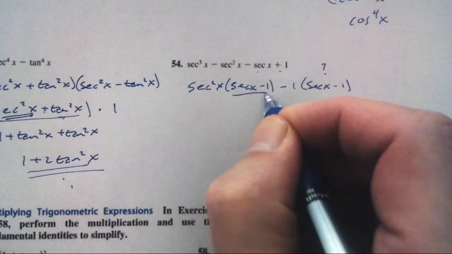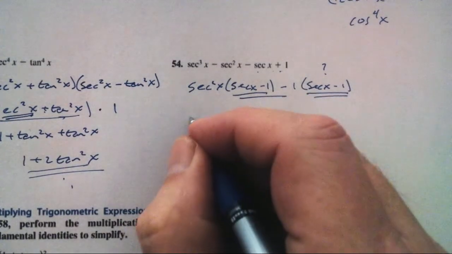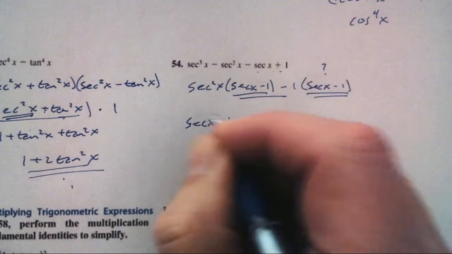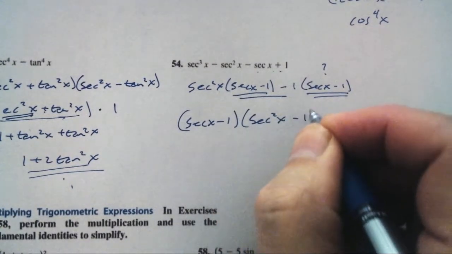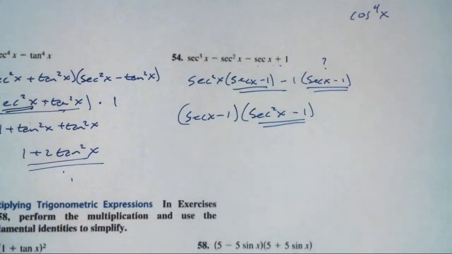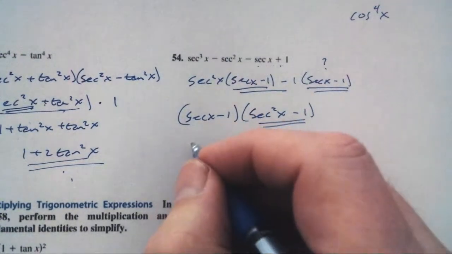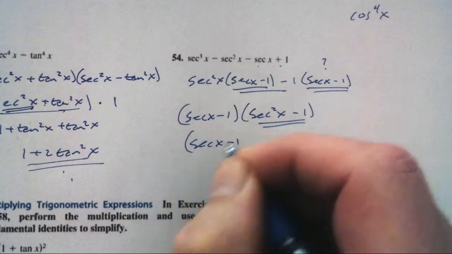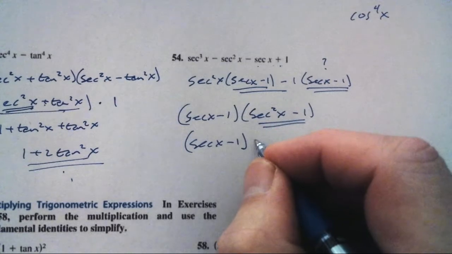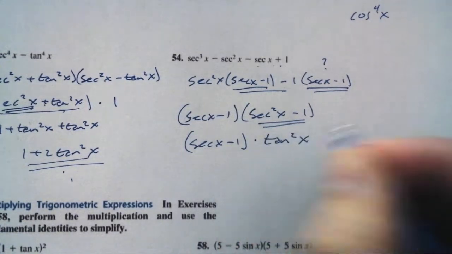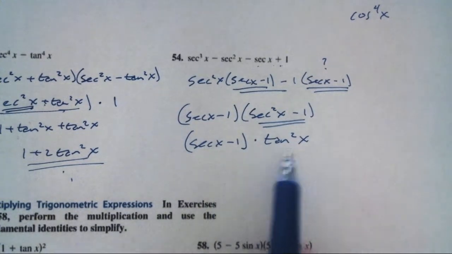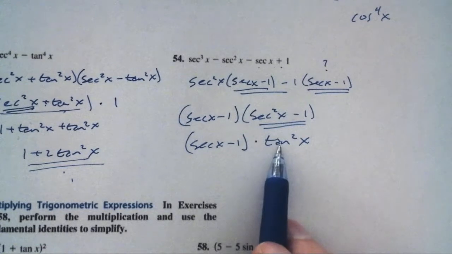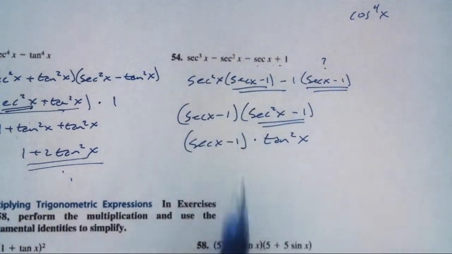So now I factor this out, secant x minus 1, and I get a secant squared x minus 1. Sounds Pythagorean. It is. Secant x minus 1, all of it, times tangent squared x. Well, does anything good happen here from this point? I mean, I could turn this back into secants, but I'm just heading up there.